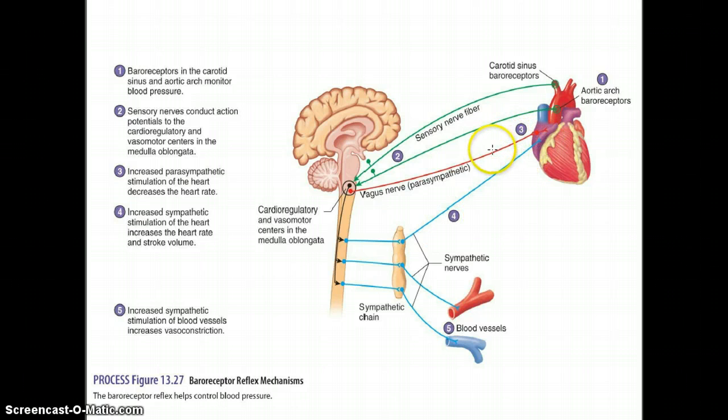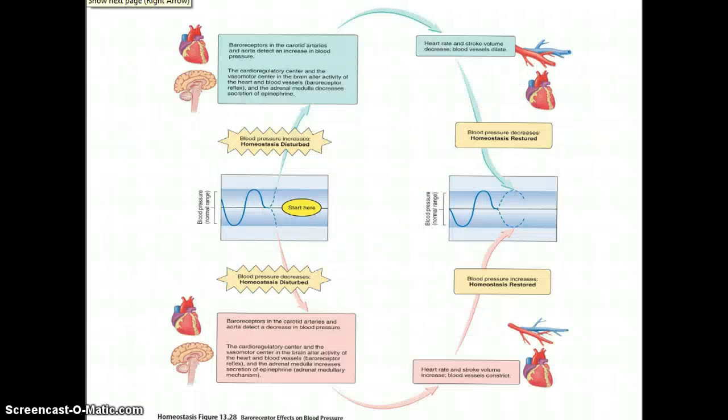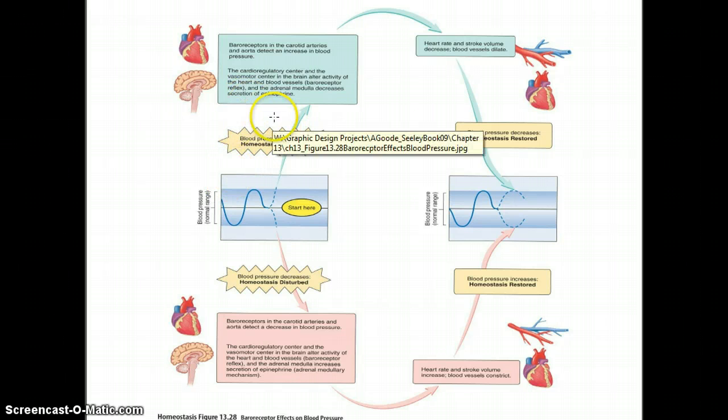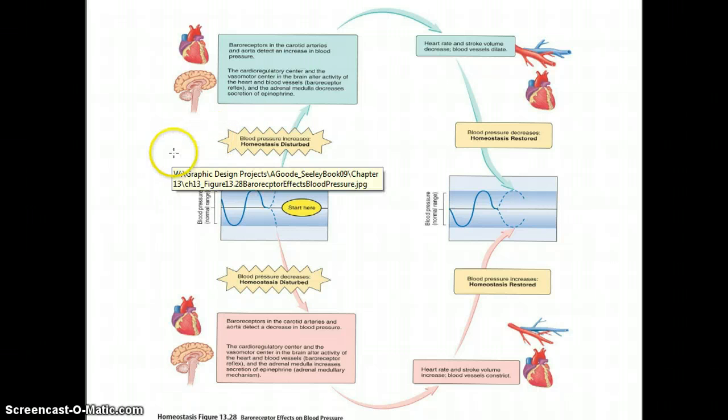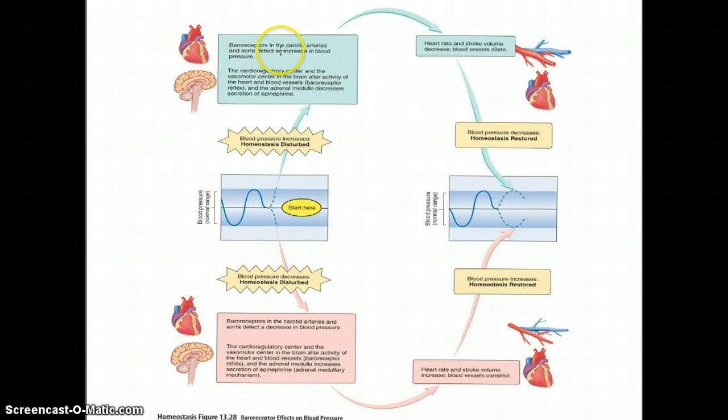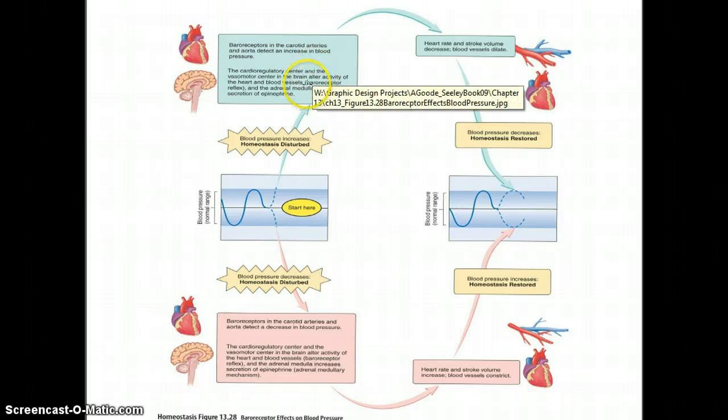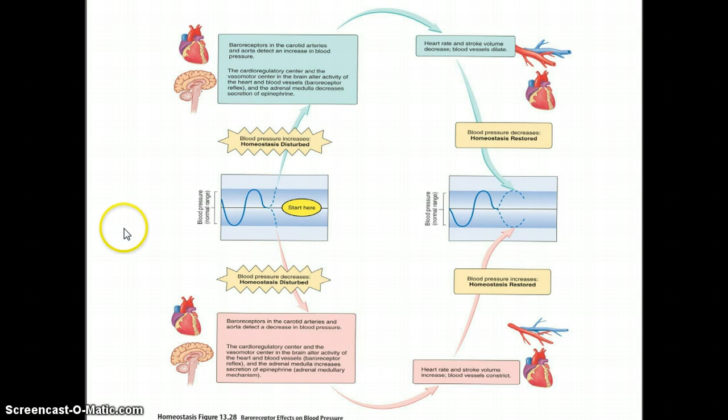So notice the heart has parasympathetic input, which will generally slow heart rate and cardiac output, and sympathetic input, which will generally raise heart rate and cardiac output. Negative feedback. You had a very similar diagram to this, including the heart, in the last section when we looked at the heart itself. So this is kind of a review of the concepts that we just talked about. Please take a look at this diagram either in your textbook or in the PowerPoints.